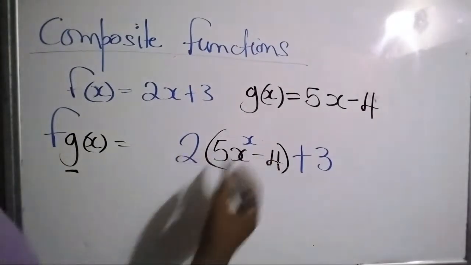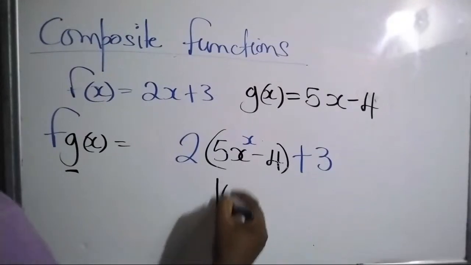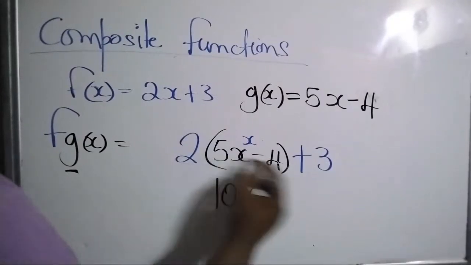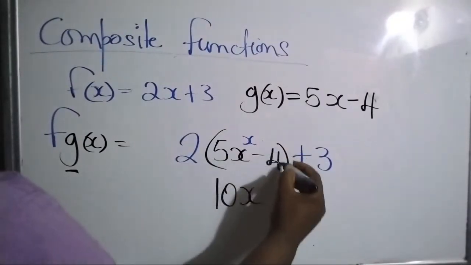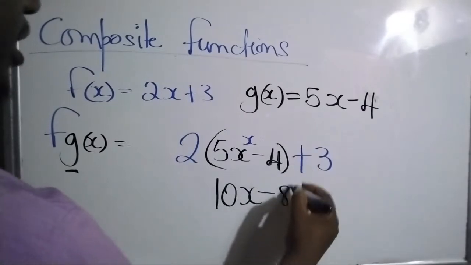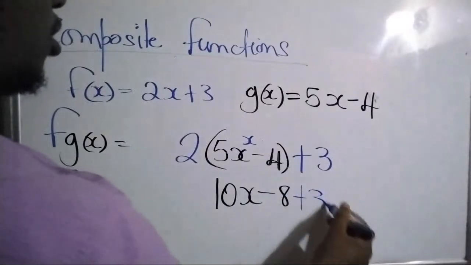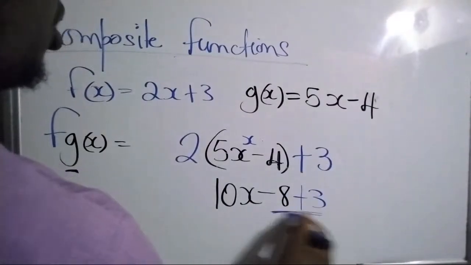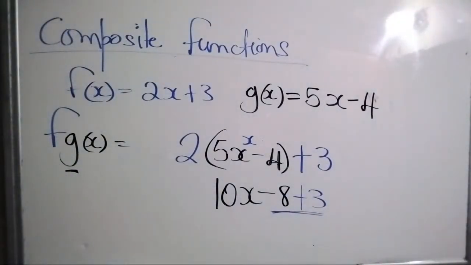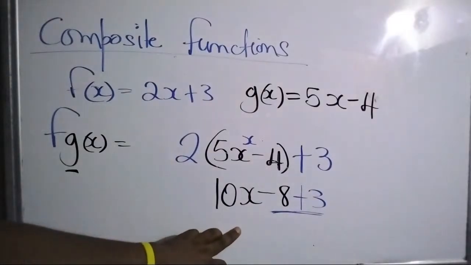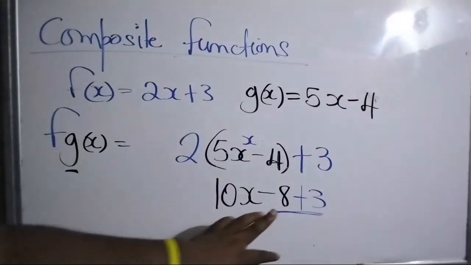So 2 times 5x would be 10x. 2 times -4 is -8, and then we have the plus 3. Now, if you look closely, there is no like term here, because the 10x has an x in it, so we can't just add these.